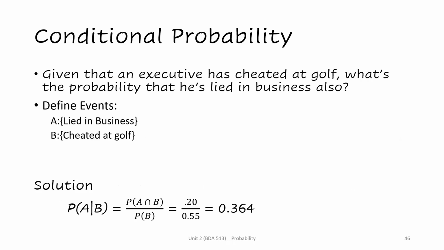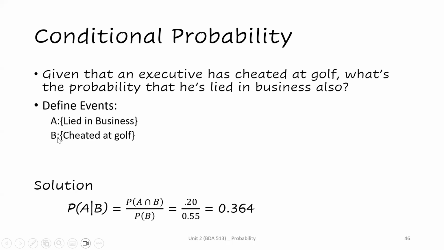Remember, this A and B we are using, they are just alphabets. So you can define cheated at golf as A and then lied in business as B. But when you are working your probability, make sure that they go to the right places. So in that scenario, yours will be given A. Let's say we do XY. Lied in business is X, and then cheated at golf is Y. Okay?